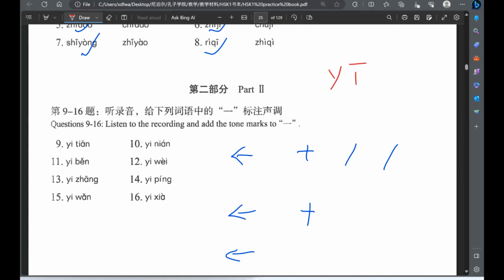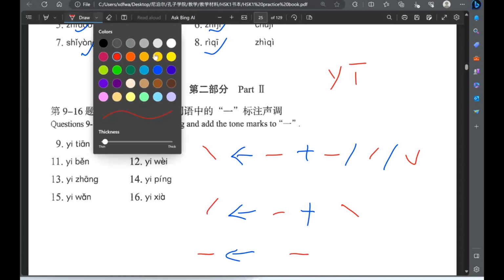In E's tone Sandhi, there are 3 rules. First rule is when E follows first, second, and third tone, it changes into the fourth tone. Second is when E follows a fourth tone, it changes into the second tone. And the third one is when E is used alone or in a number, it doesn't change.